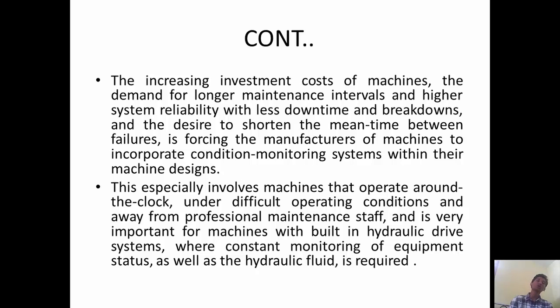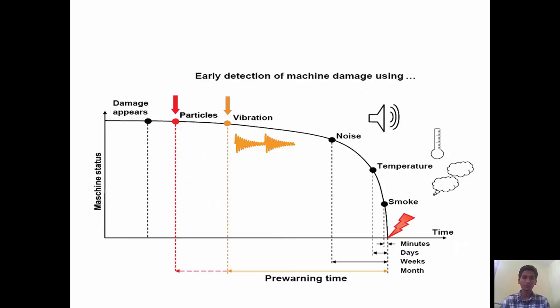So we have to maintain the hydraulic fluid as much as possible. How is the hydraulic fluid damaged? As shown in the diagram, the damage occurs most importantly due to particles, the contaminants contained in the fluid, that will damage the oil.